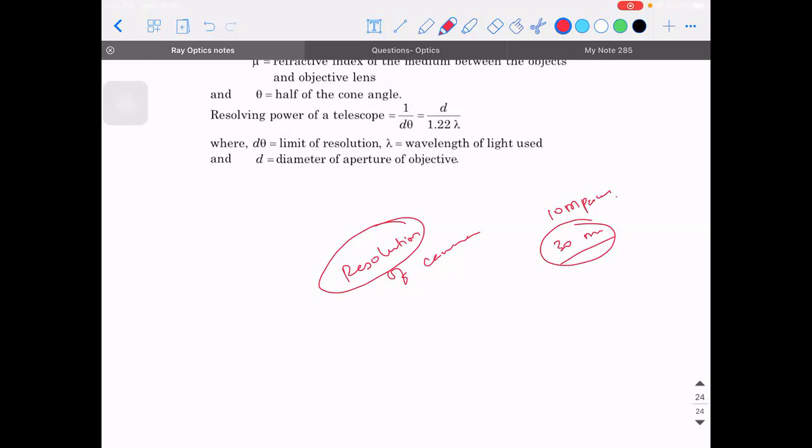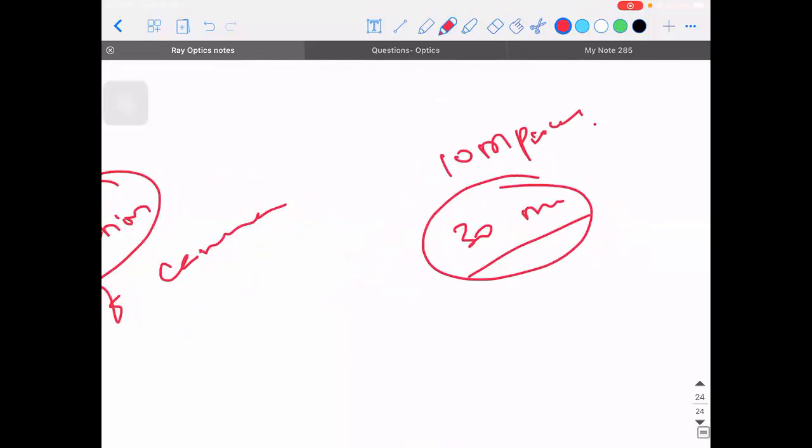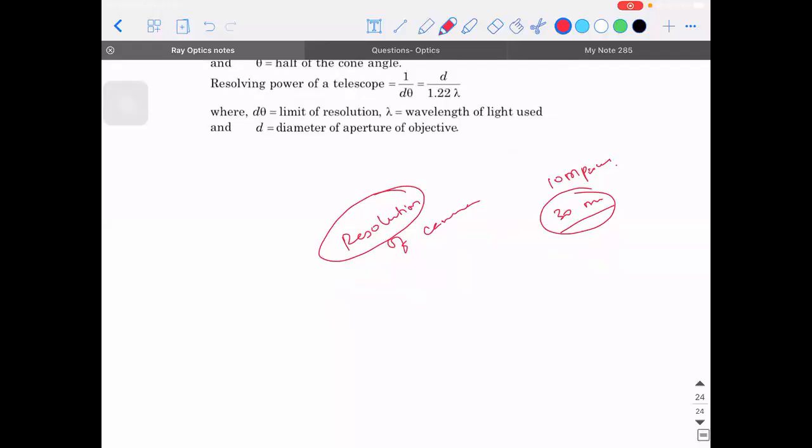Instantly our hand tries to zoom and see. When you zoom, which one will give you better clarity, 10 megapixel or 30 megapixel? The obvious answer is 30 megapixel, because it is able to capture even the smallest of details. Correct?